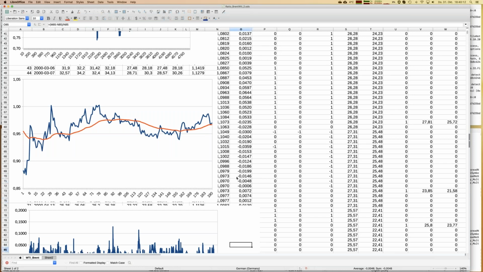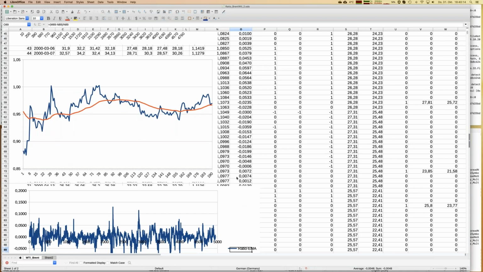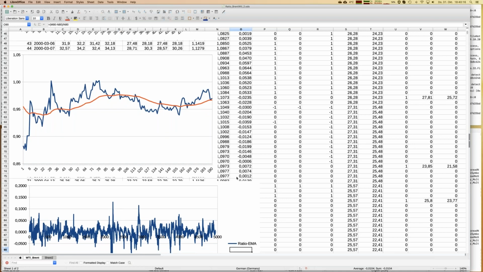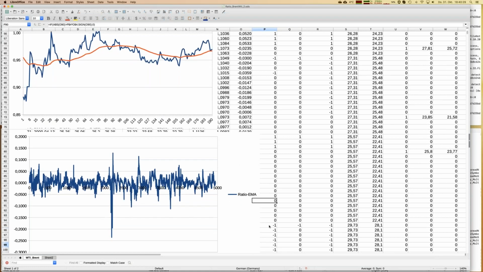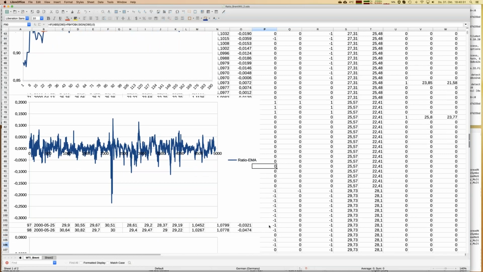And let me see, I have even built that graph here. So the next step was building the difference between the actual ratio and the EMA, which is plotted here. And I think I have the same zoomed once again in the next one.